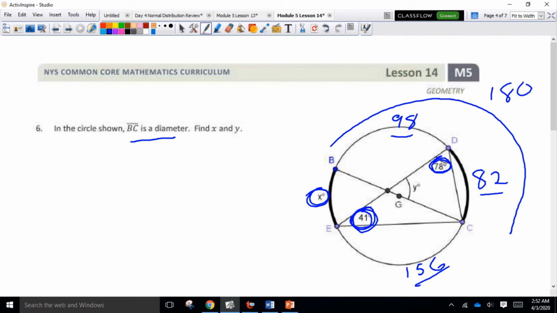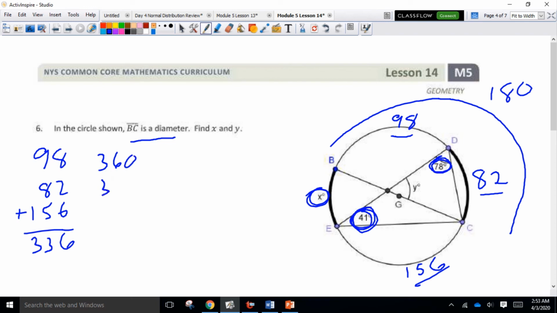So if we add all of those up, 98 plus 82 plus 156, we get 336. All the way around is 360. So 360 minus 336 is 24. Okay, so now this is 24.